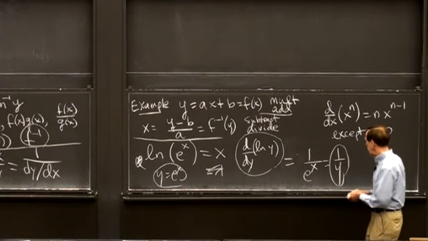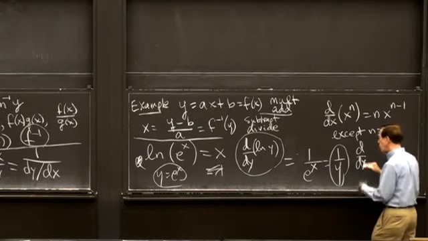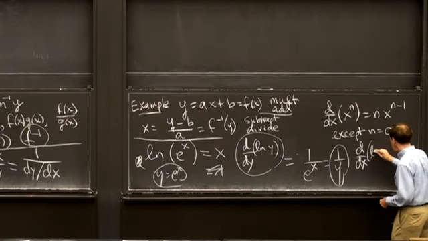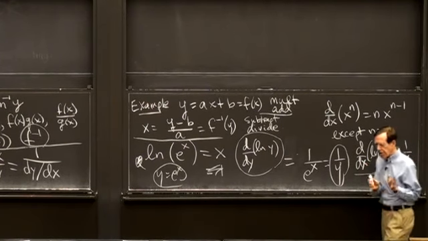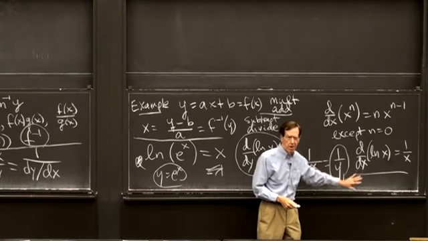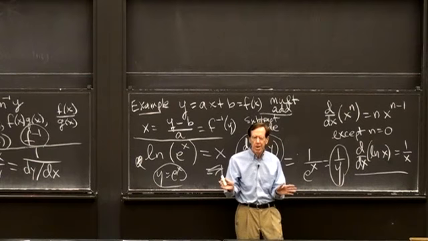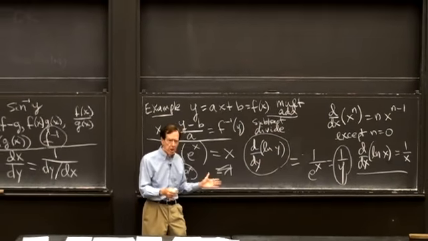You can write, as you might like to, using the 24th letter, d by dx of log x is 1 over x. I'm perfectly okay for you to do that, to write the x there now after we got the formula.